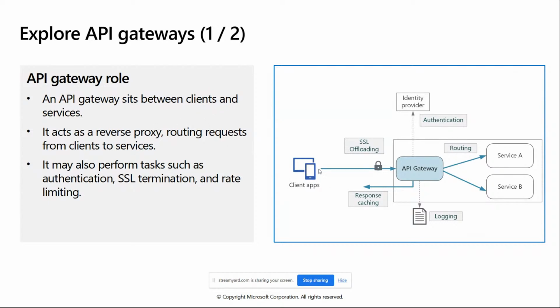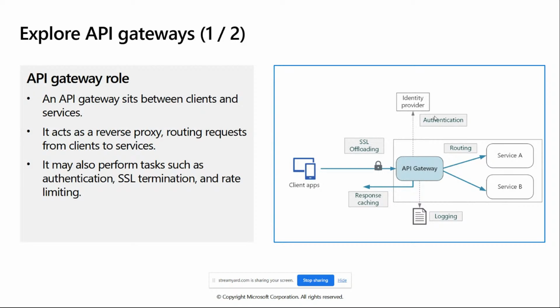If you have the client apps here, like described in the diagram, you will have some kind of policies being applied before the API gateway, and if all the things are okay, then it would be checking for service A or service B based on the policy, and it would be routing the request to those.